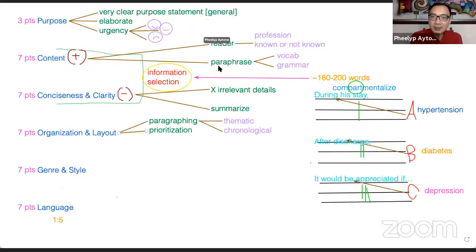Speaking of judgment calls, hypertension and diabetes, are they related to each other? Are they correlated? Do they go together?